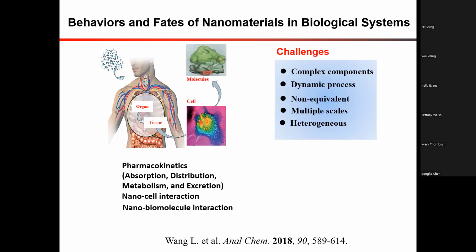Moreover, the interaction is a dynamic process. A nanomaterial interacts with cells and with proteins. So all these things are so complex that they make the whole-body nano study very complex.